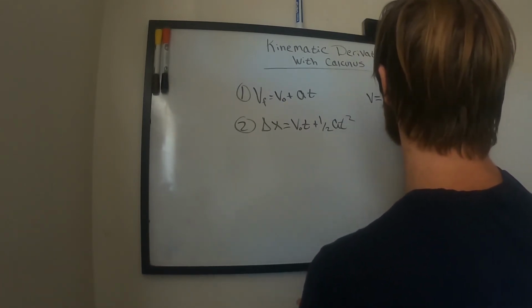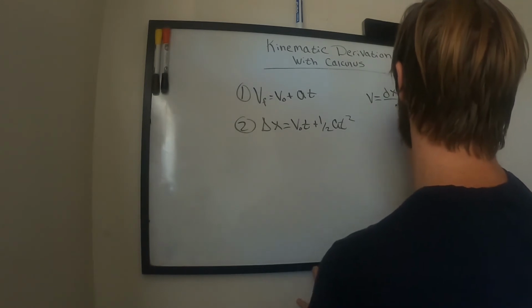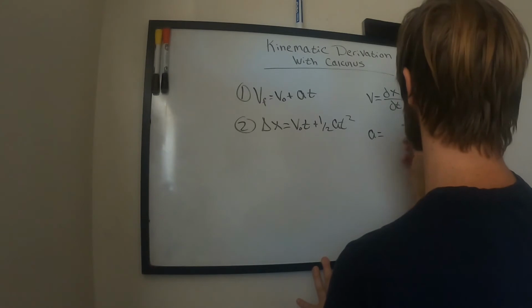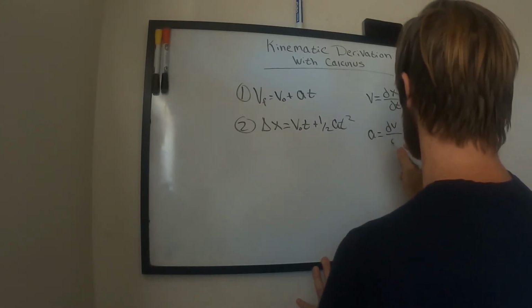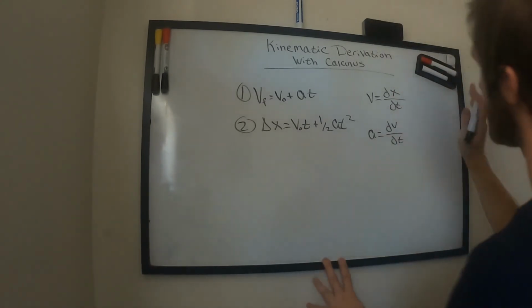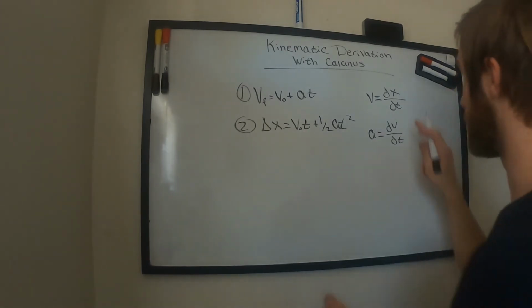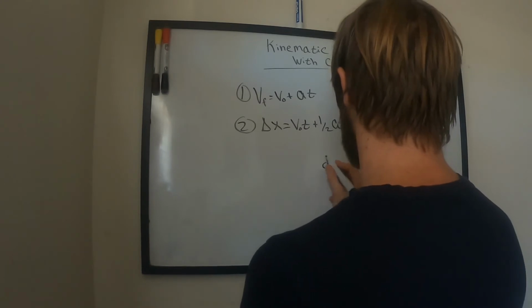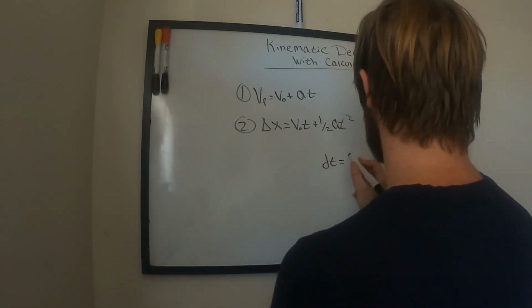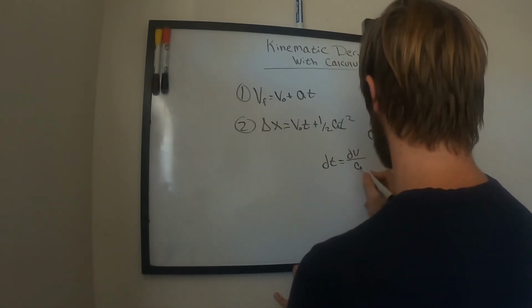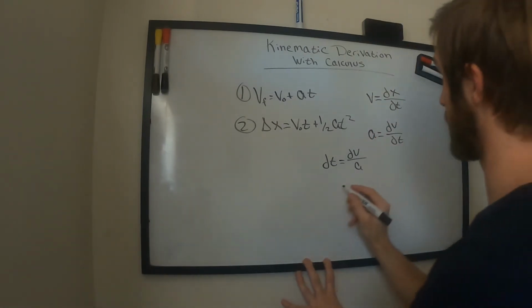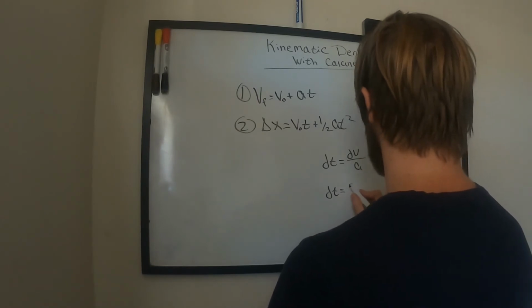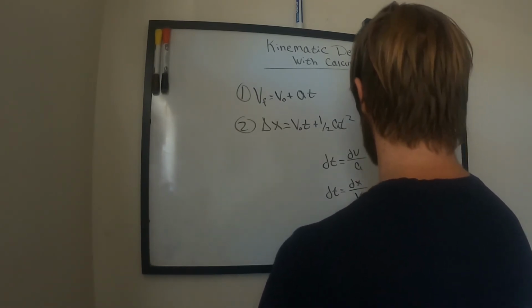So v is equal to dx over dt, and then a is equal to dv over dt. Now, we can put this in terms of dt for both of them. So for acceleration, we're going to have dt is equal to dv over a. And for this one, we're going to have dt is equal to dx over v.